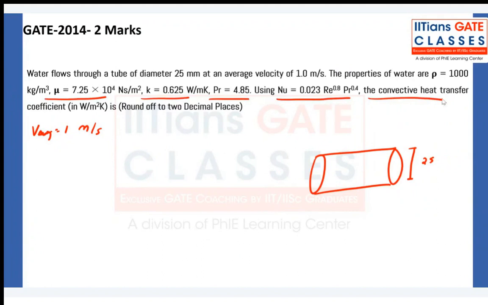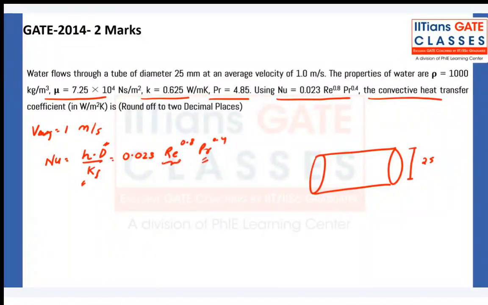Very simple. h d by k of fluid is equal to 0.023 Reynolds number to the power 0.8, Prandtl number to the power 0.4. I know d, I know k f, I know the Prandtl number. If I am able to determine the Reynolds number, it is very easy for me.